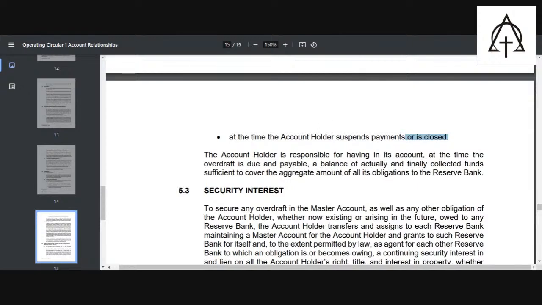The account holder is responsible for having in its account, at the time the overdraft is due and payable, a balance of actually and finally collected funds sufficient to cover the aggregate amount of all of its obligations to the Reserve Bank.